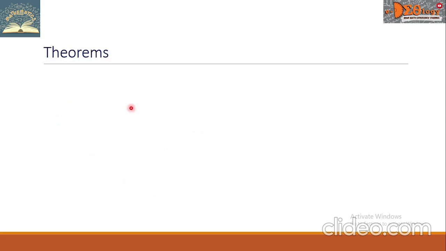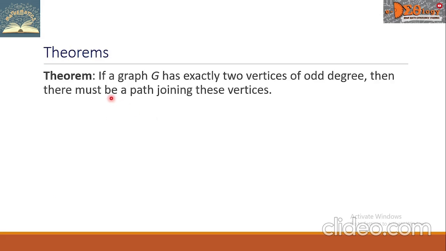We have these theorems. Number one, if a graph G has exactly two vertices of odd degree, then there must be a path joining these vertices.